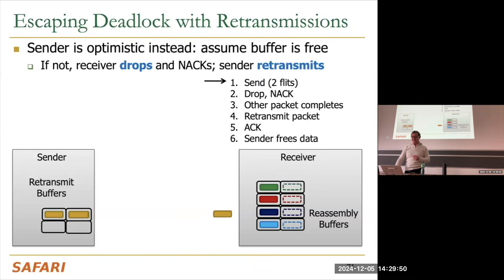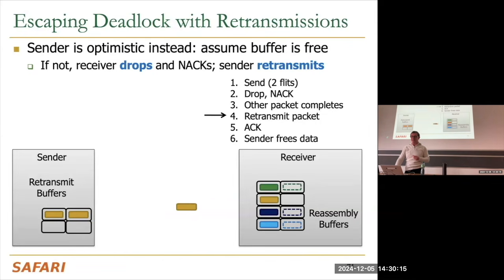So now the sender sends two flits and they both get dropped, let's say. And the receiver sends a negative acknowledgement saying, I dropped your flits. It can tell exactly which flits, of course, because there'll probably be more than one flit. Then some other packet completes at some point, and space becomes available, and the sender at some point retries.